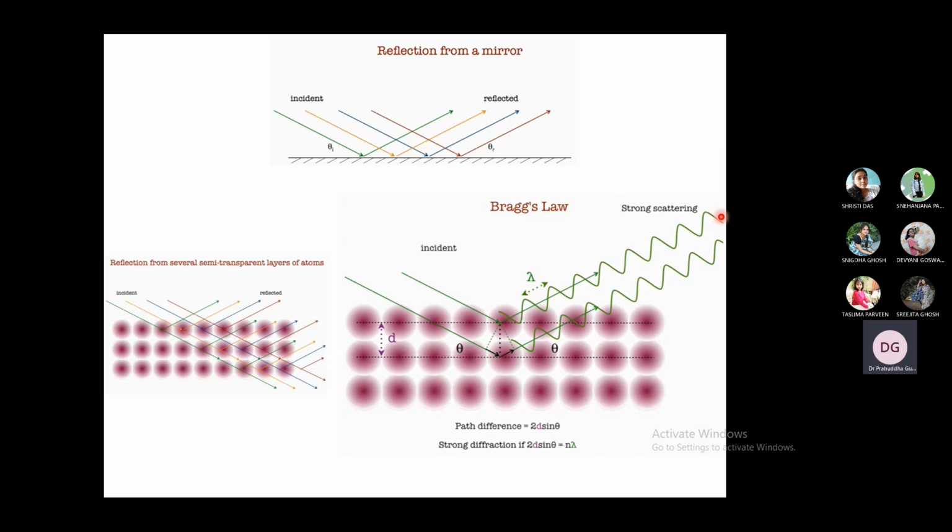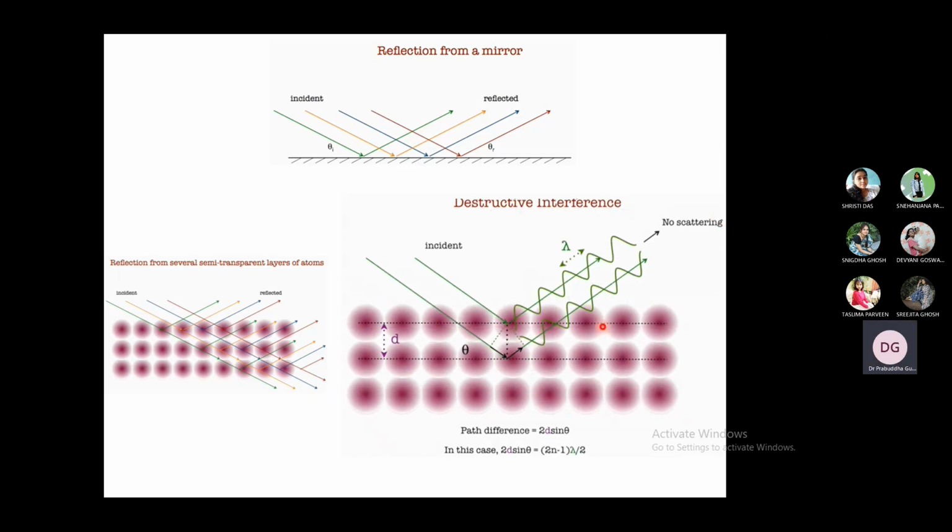Okay. Similarly, if the path difference is equal to not an integral multiple of the wavelength, but 2n minus 1 times lambda by 2, that is half, 3 by 2, 5 by 2 and so on, then what is going to happen? The peak of the next ray is falling on the trough of the previous ray and they will cancel each other.